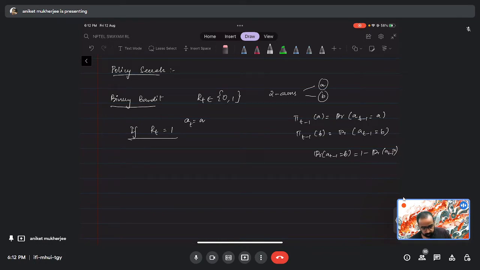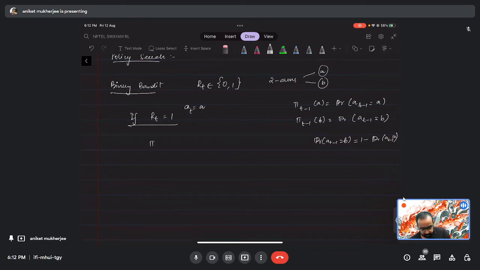So if r_t is equal to 1, then you need to update pi_{t+1}, the probability of picking the arm A. So if a_t is equal to A, then pi_{t+1}(A) is equal to pi_t(A) plus alpha into (1 minus pi_t(A)). And pi_{t+1}(B) is equal to pi_t(B) into (1 minus alpha).